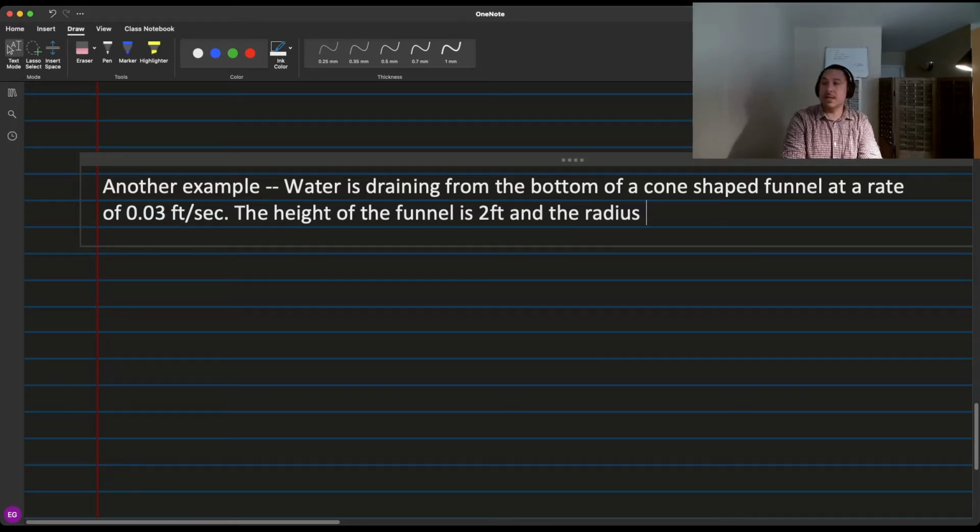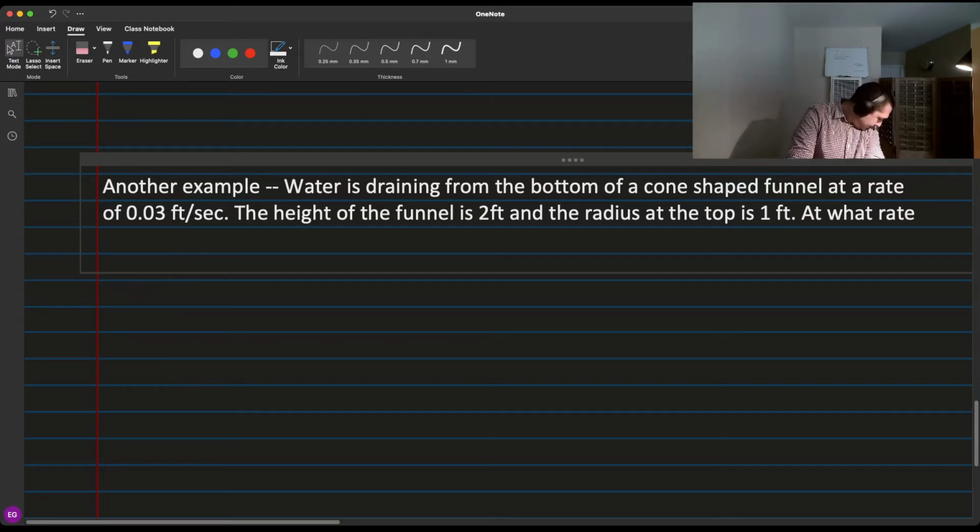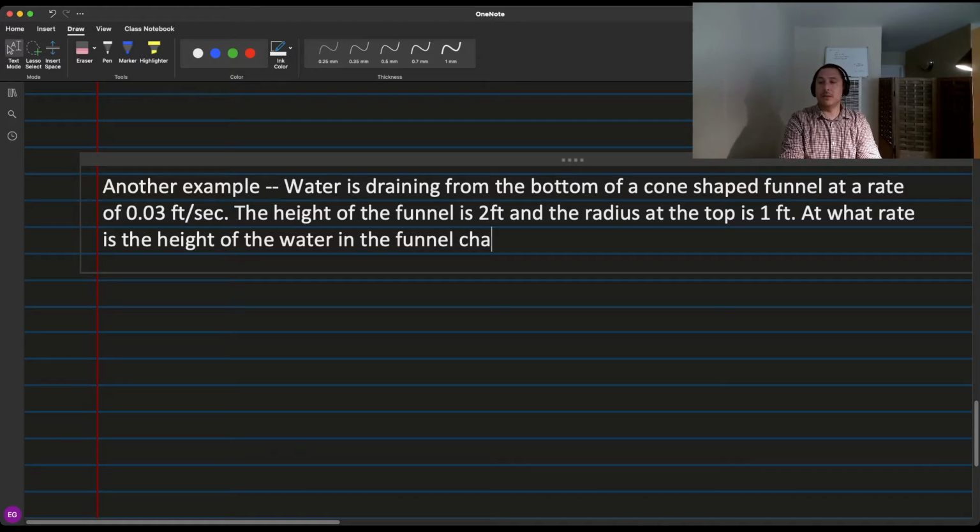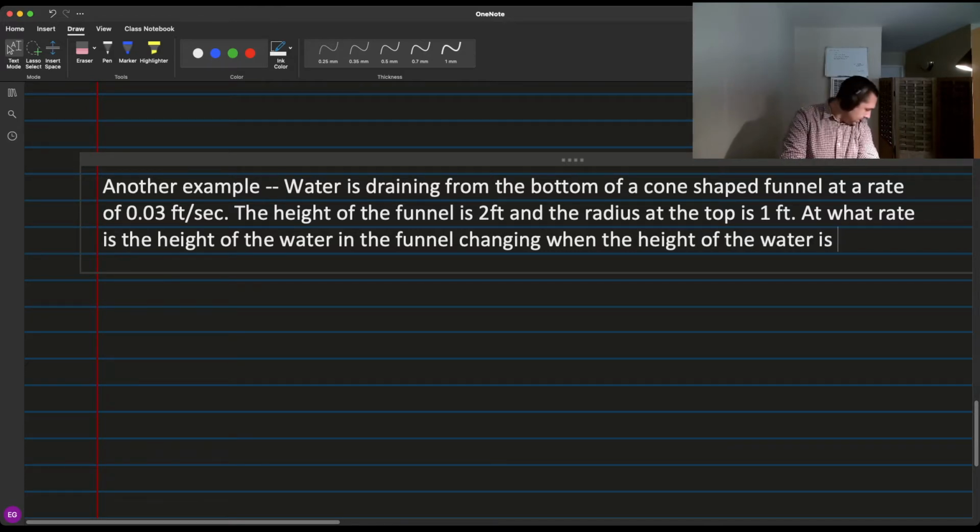And the radius at the top is 1 foot. The question is, at what rate is the height of the water in the funnel changing when the height of the water is half a foot?